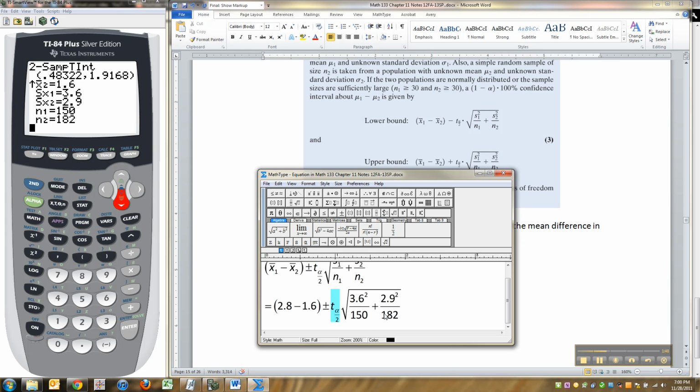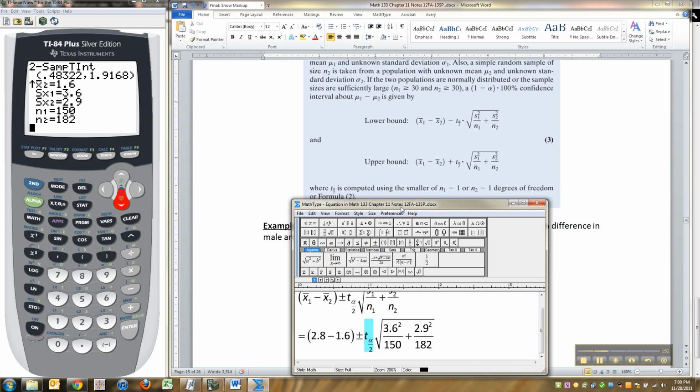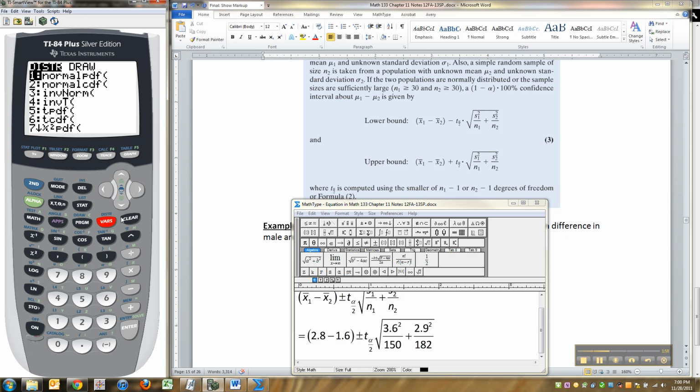So all I need is the t alpha over 2. And again, you can do that a couple ways, but this particular book has us just kind of fudging it slightly. So you can do it with the t table, of course, from your textbook, or you can do inverse t, which is under the distribution menu, 0.025, comma, degrees of freedom. They tell us to use the smaller one of the two, n1 minus 1 or n2 minus 1.